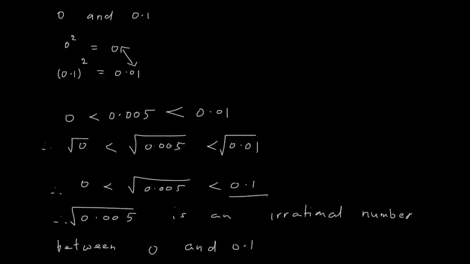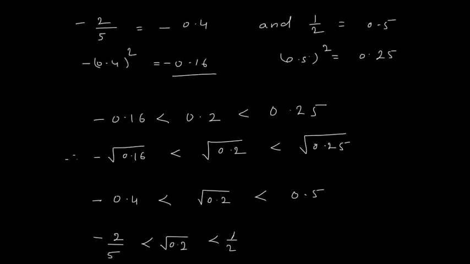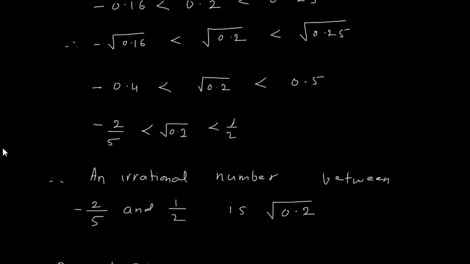Okay. So I hope you are clear how to get an irrational number between given two numbers as we have done here.